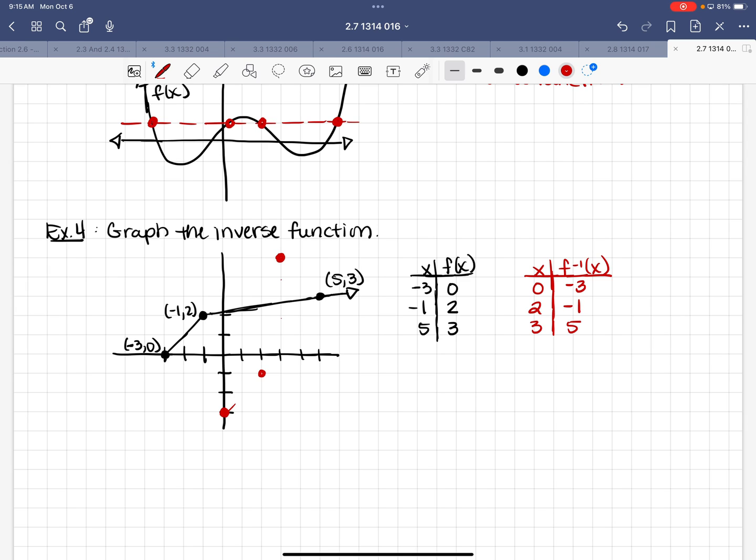So now I have something similar to this. And this is my inverse of f of x. Okay. I'm going to pause that.